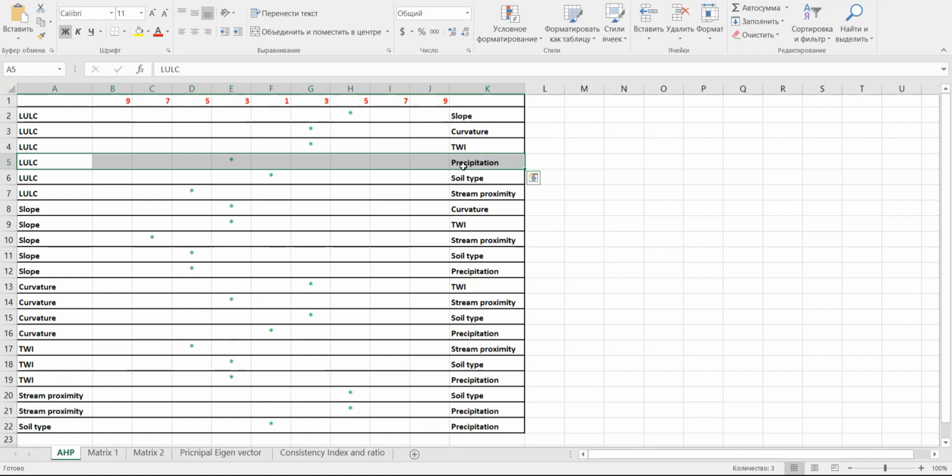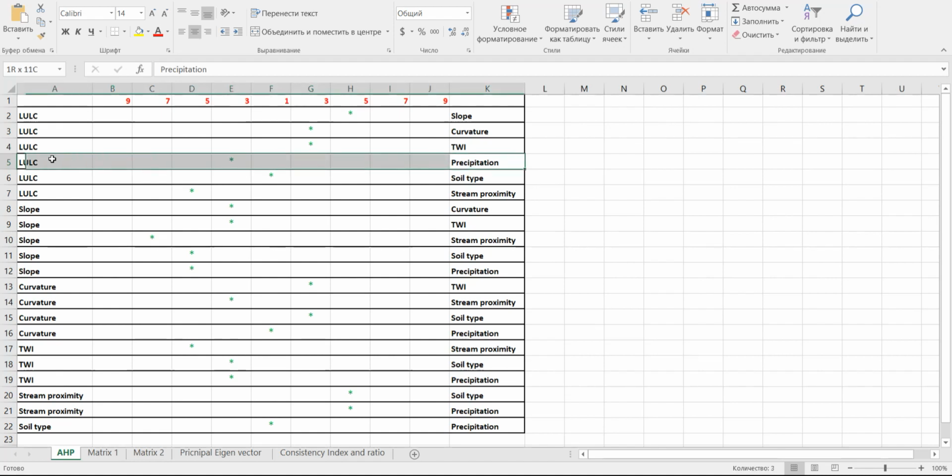Meanwhile, comparing with the precipitation thematic layer, I think that land use, land cover is more important, because in my study area, as you might have noticed in previous videos, precipitation doesn't significantly vary throughout space. But if you're working with large spatial data, precipitation might even outperform land use, land cover if it significantly differs from place to place.